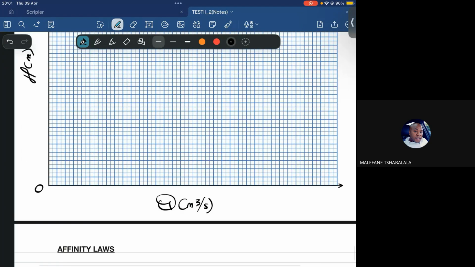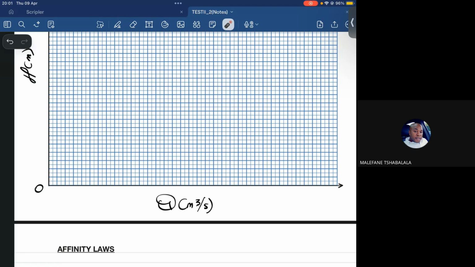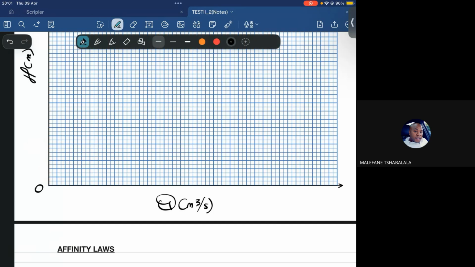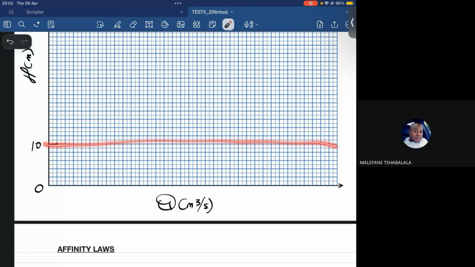Between 0 and 10, let's have minor horizontal grid lines, let's have 5, within the equidistant scale. So we'll have 0, then 1, 2, 3, 4, 5. Let this be our 10 meters, which is our first major grid line.